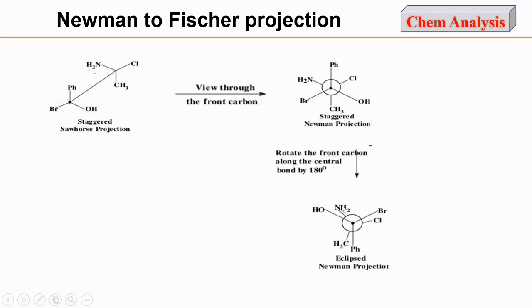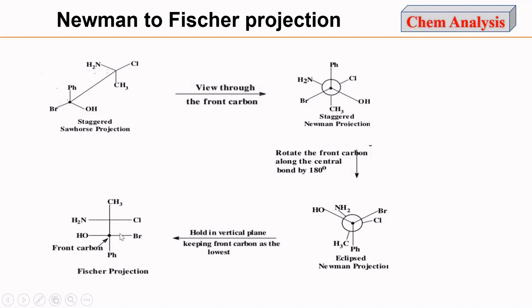So after 180 degree rotation, this phenyl group will be eclipsed to methyl, the OH group will go on the left side eclipsed to NH2, and the bromine atom will be eclipsed to the Cl atom. So if we draw the corresponding Fischer projection formula, it will look like this.